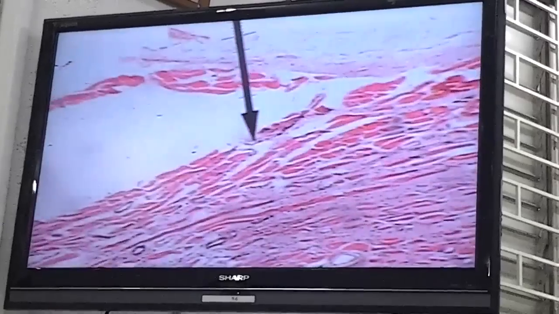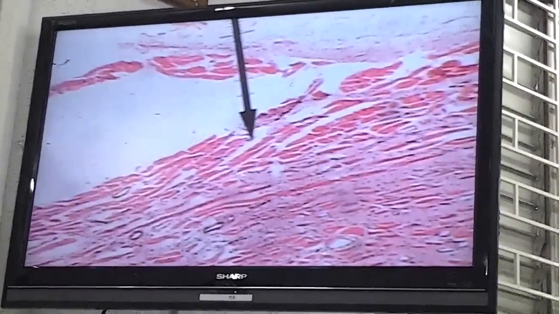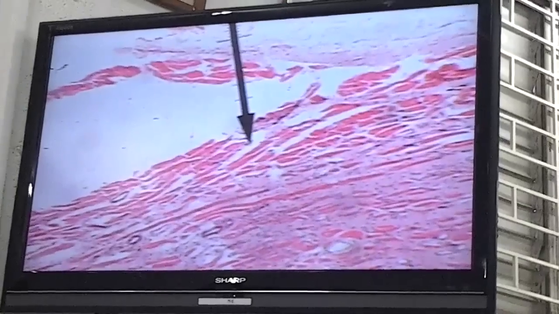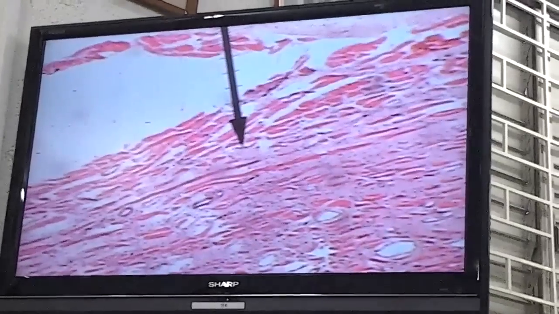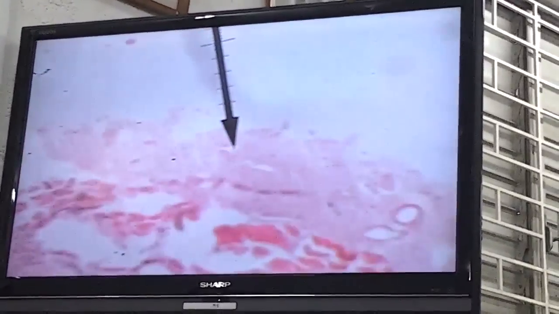Outside of all of that circling out here, what is this going to be? Skeletal muscle. And that skeletal muscle is known as what? Sphincter vaginae.